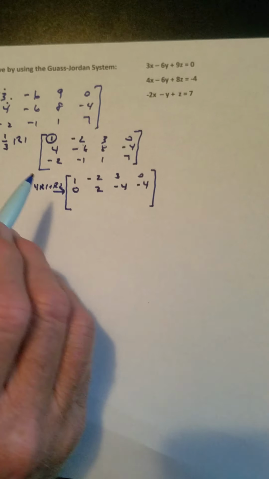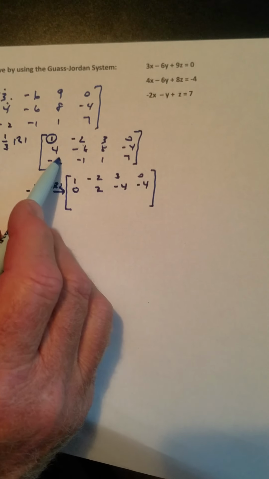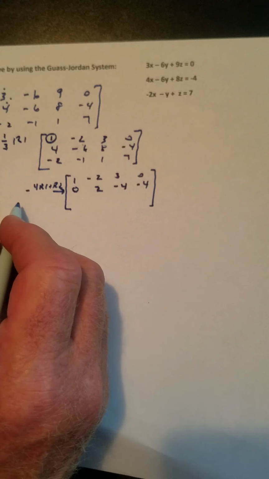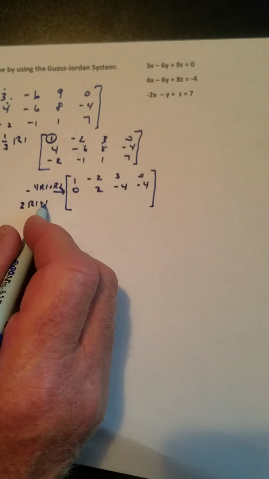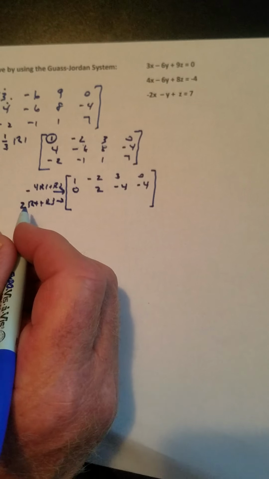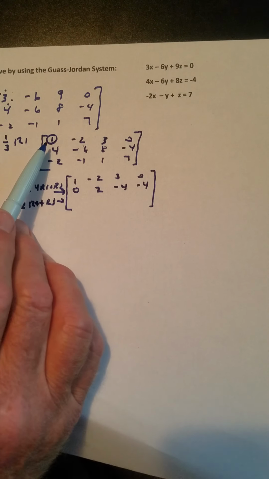Now we go to the next row. Now we want to get a 0 here. We multiply by the opposite, that's +2, so it's 2 times row 1 plus row 3. You may be asking, why are we multiplying by row 1? Because that's where the pivot was.